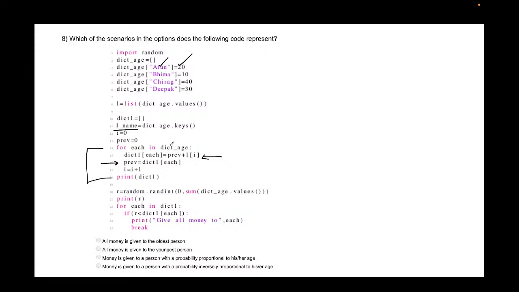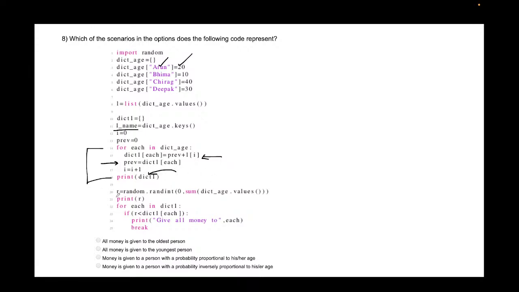In this second instance it will be like dict1 of the second person, Bhima's age, is equal to Arun's age, because that is done in the last iteration here. So this will be updated to Arun's age plus Bhima's age. So their ages are being added cumulatively. Remember that, the cumulative ages are captured in this dict1.